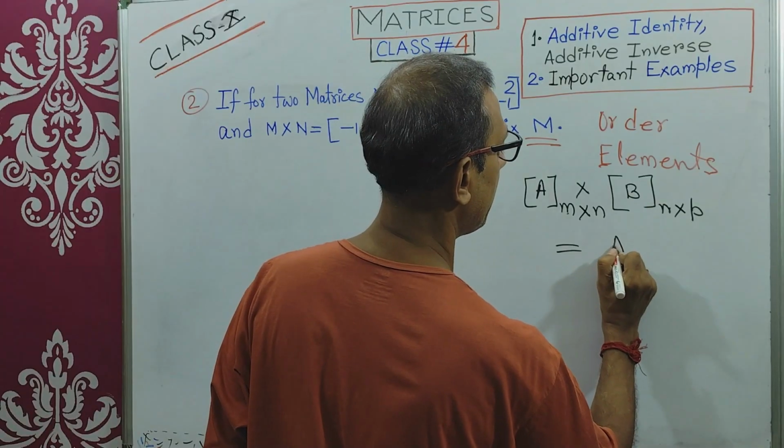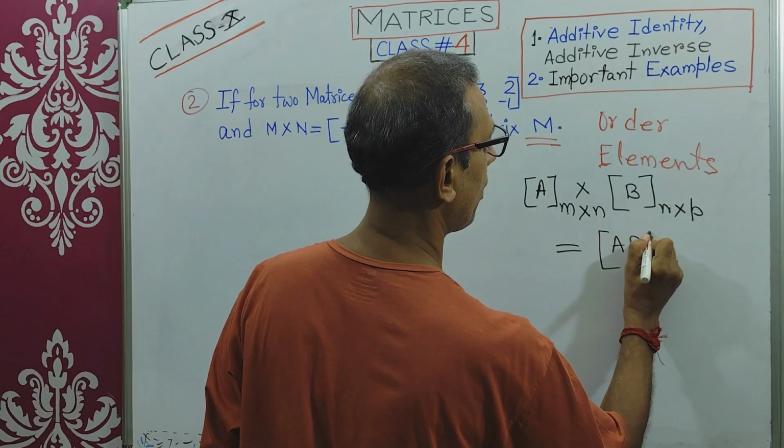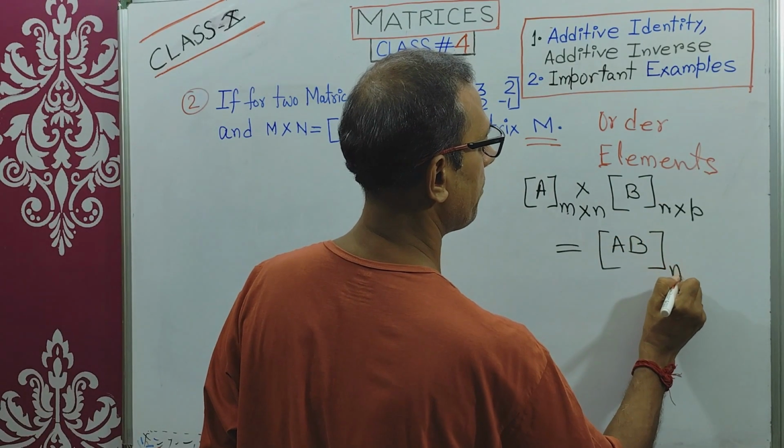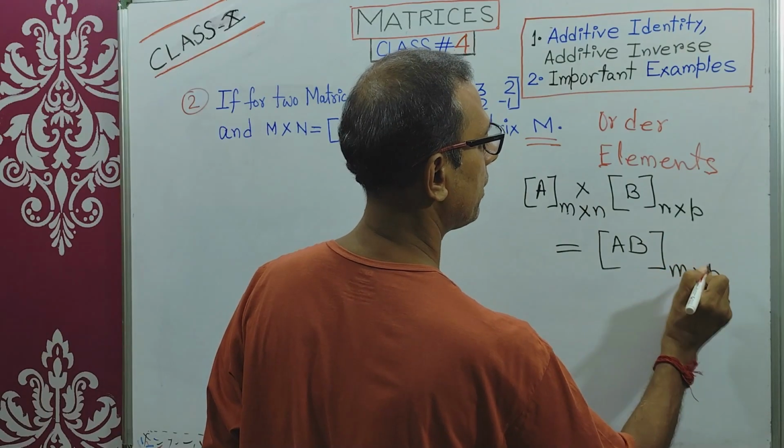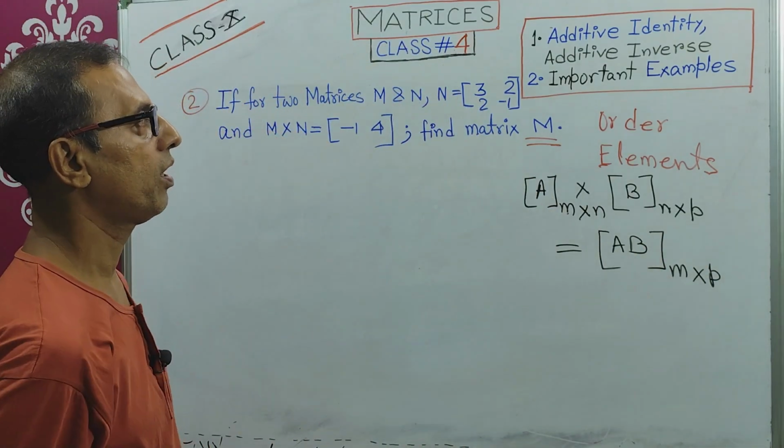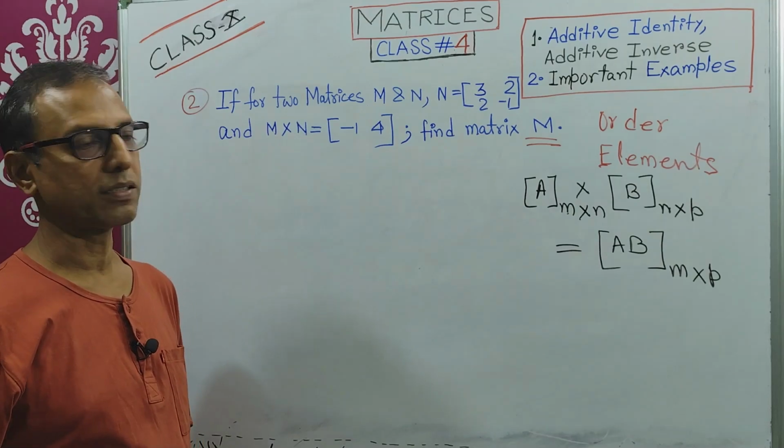So AB will have the order M by P. That is what we already learned in our last class.